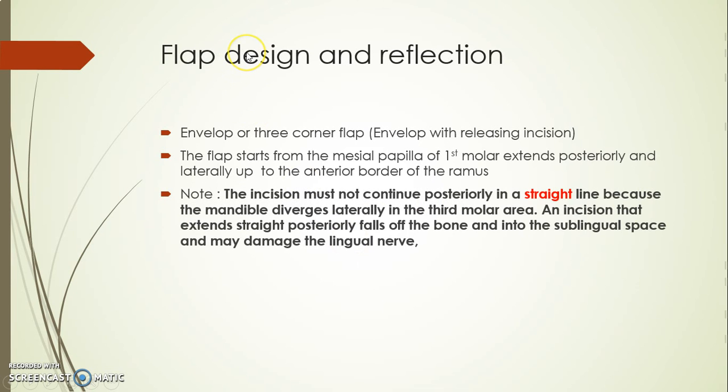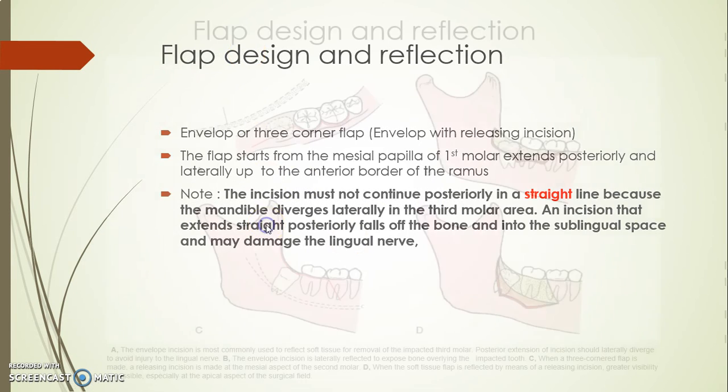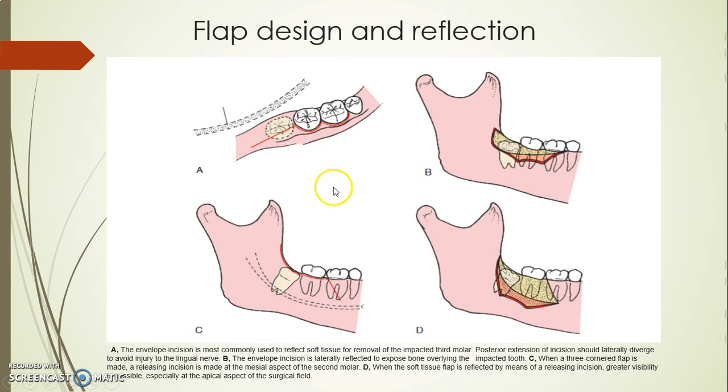And again, flap design and reflection. Let's go. So mostly we use the envelope flap. The envelope flap starts from the mesial point of the first molar and extends to follow the cervical line of the crown, then extends distolaterally.